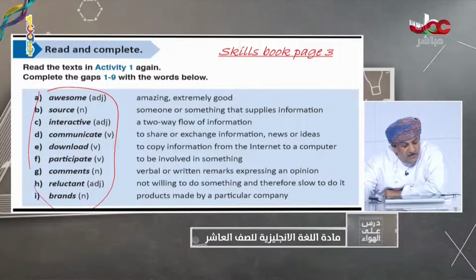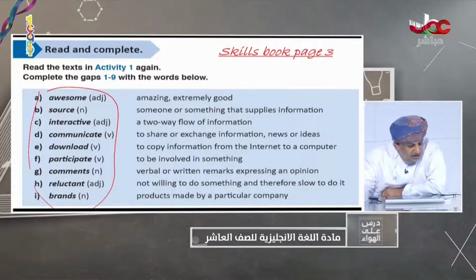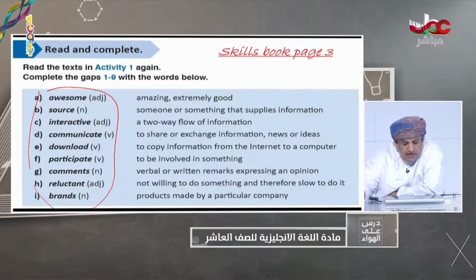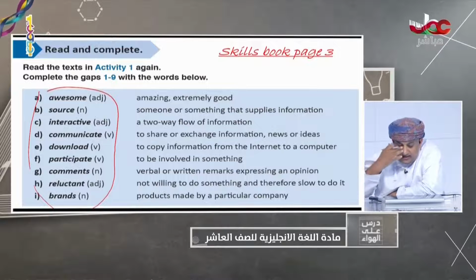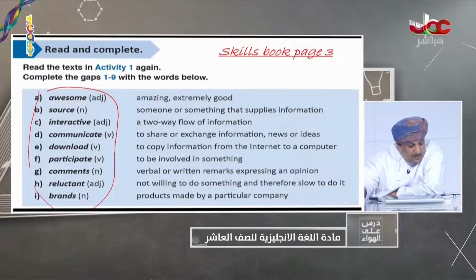Letter C, interactive, a two-way flow of information. D, communicate means to share or exchange information, news, or ideas. Letter E, download, to copy information from the internet to a computer. Letter F, participate, to be involved in something.